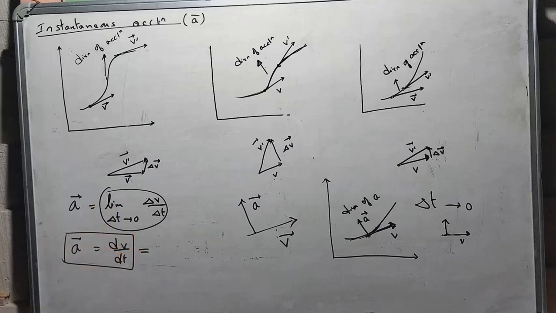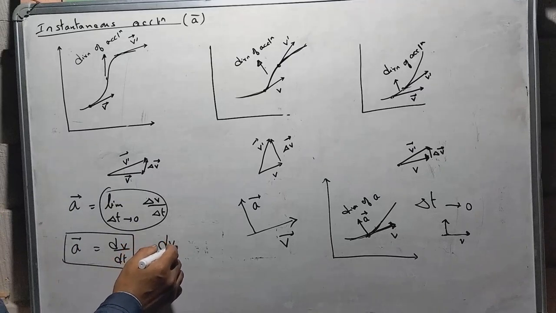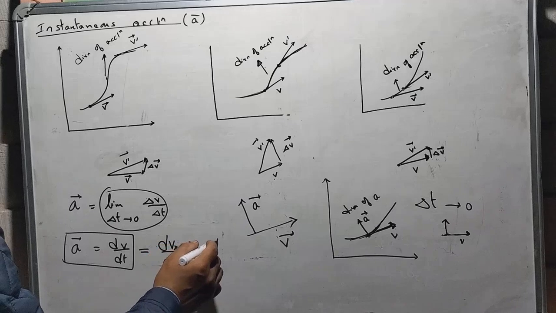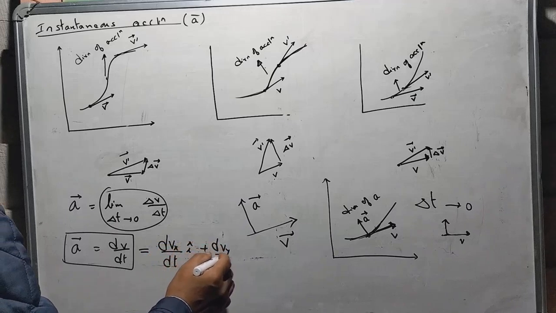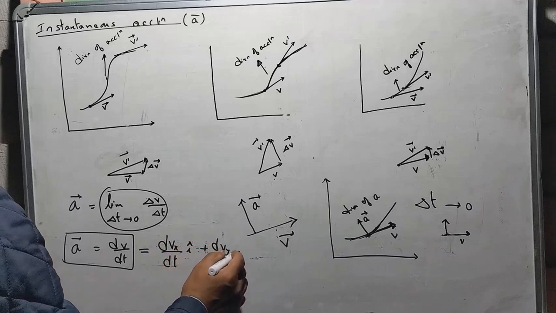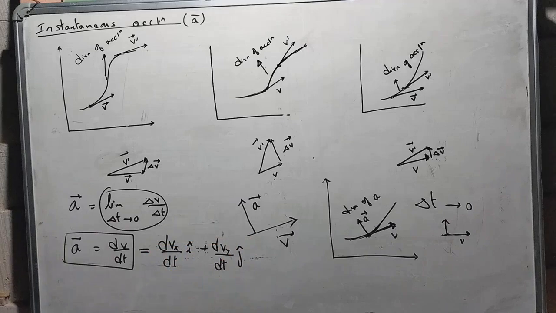If you want to express this acceleration in terms of its rectangular components, then I can say a is equal to dvx upon dt i cap plus dvy upon dt j cap.